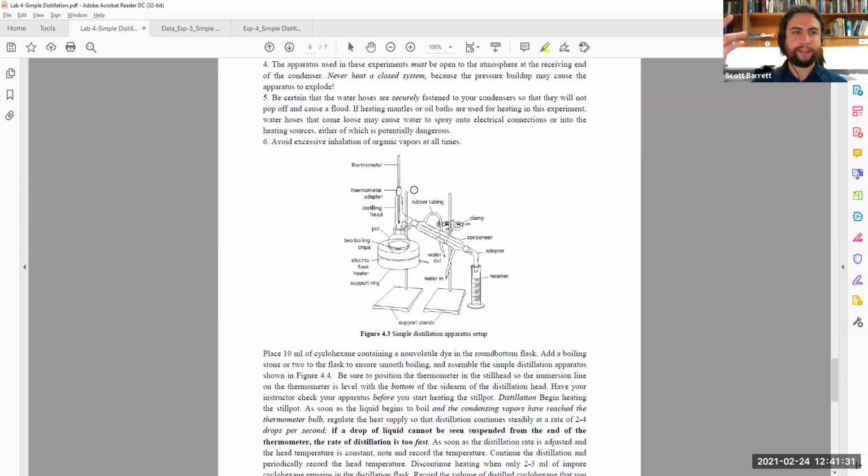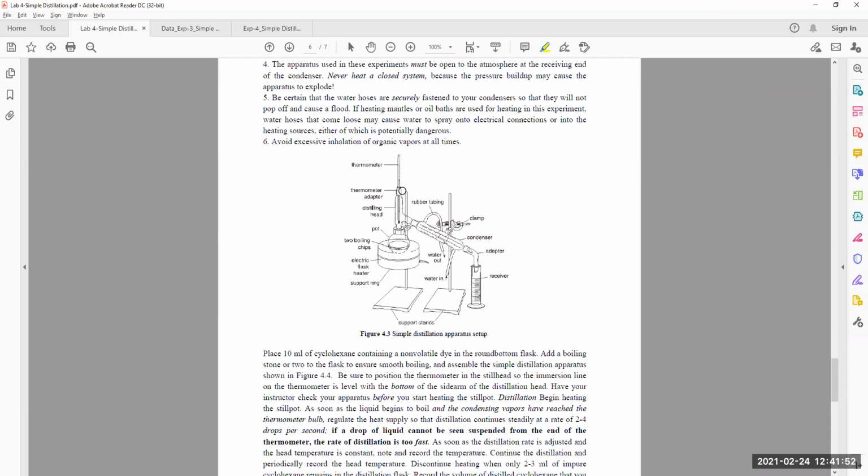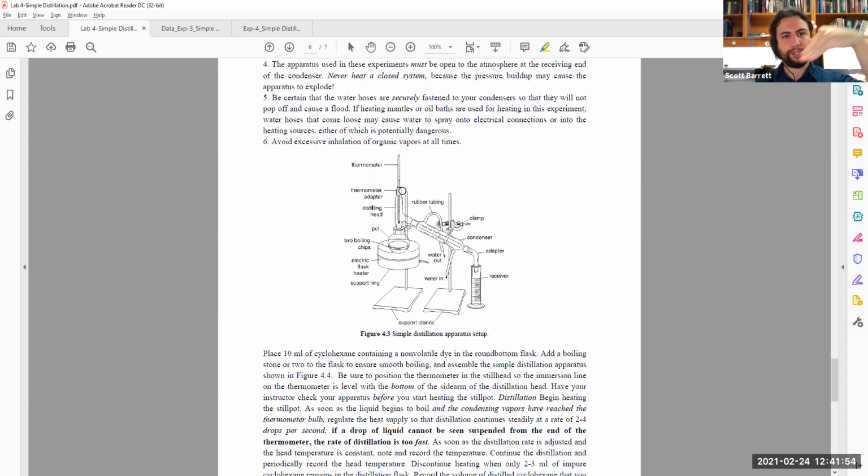So the 100 degrees Celsius would be seen there when pure water starts to vaporize up there and would condense here. As you can see, water comes in the bottom of the condenser, flows up, and then comes out, because the cool water comes in from the bottom and goes up. And then the hot water that is distilling up and going down the condenser wants to cool down.